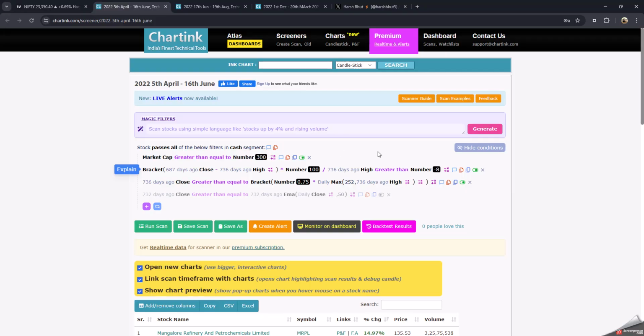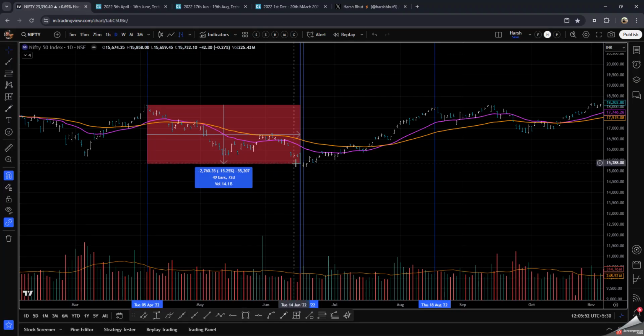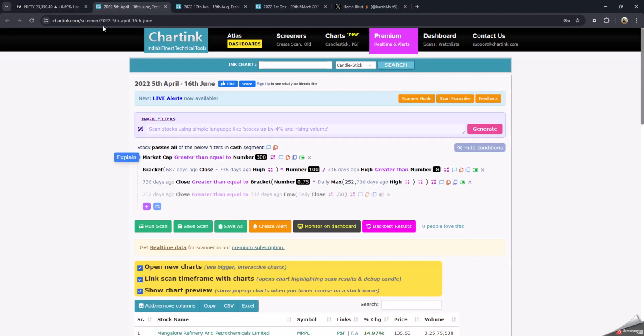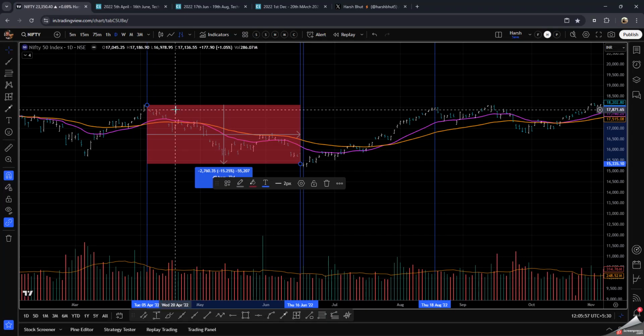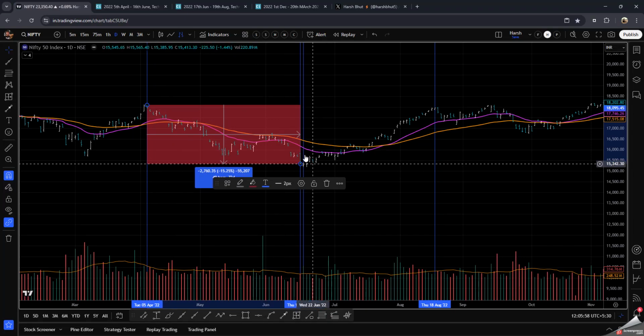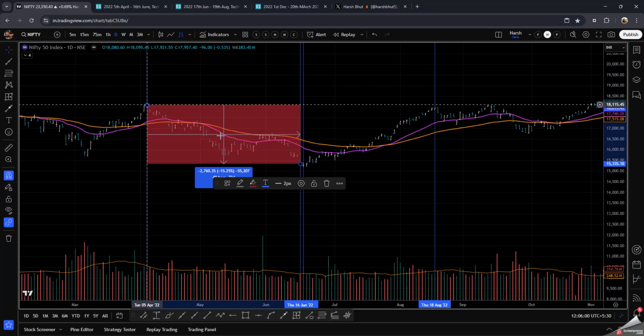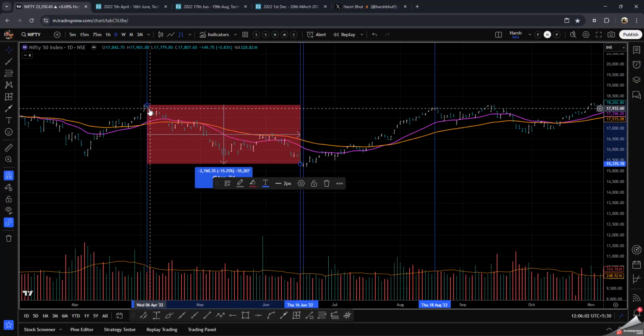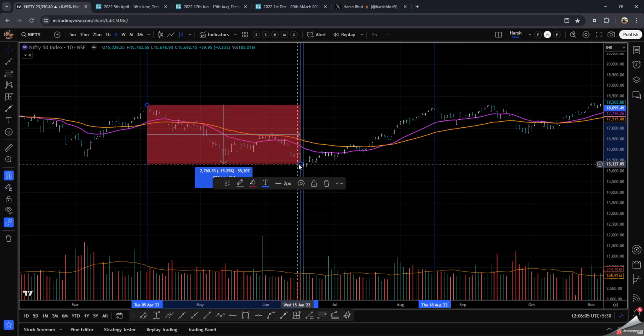So I scan for the stocks which are not dropping more than minus 8% in between these two dates. Along with the 25% range condition, I have another condition that the stock should not drop from this high point till this low point by more than minus 8%.